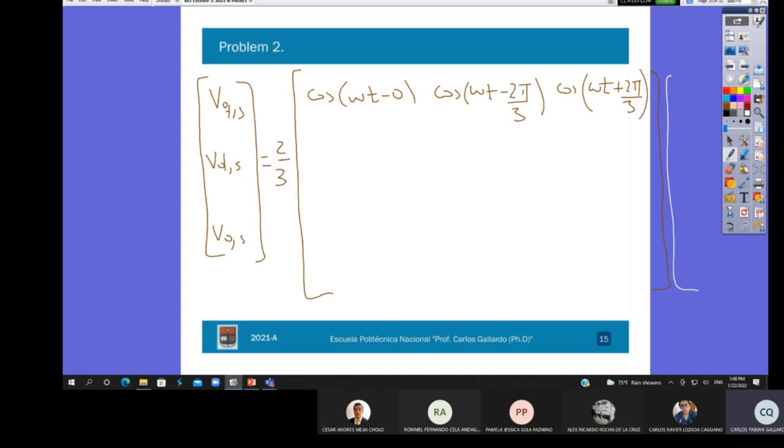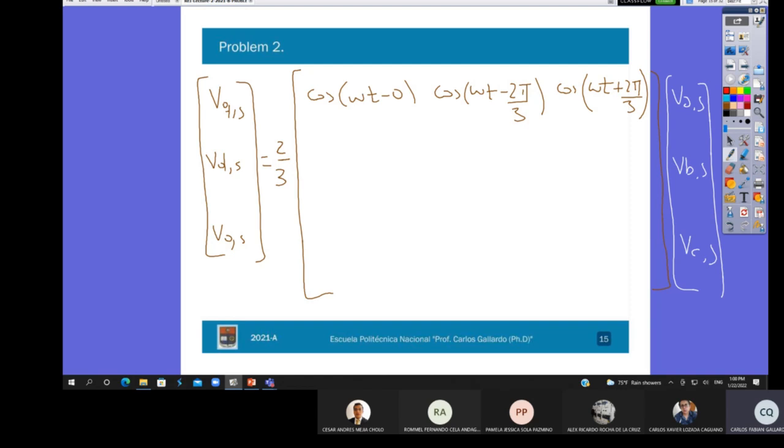Then I will have here the stator voltage in the natural reference frame, the voltages of phasors A, B and C. So that is the way to apply the Park transformation to get the voltages in the QD0 reference frame.